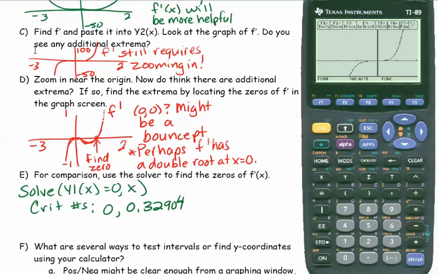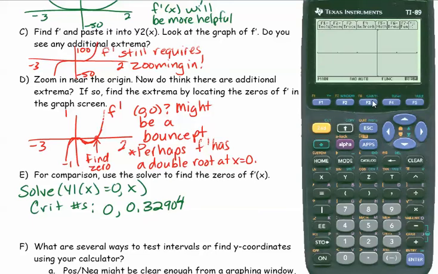So I don't really need to change the x min and x max, but I definitely don't want to go from -50 to 100 on the y-axis. So I could zoom in here. For example, I might go from -1 to +1 because I'm really interested in where the first derivative crosses the axis.